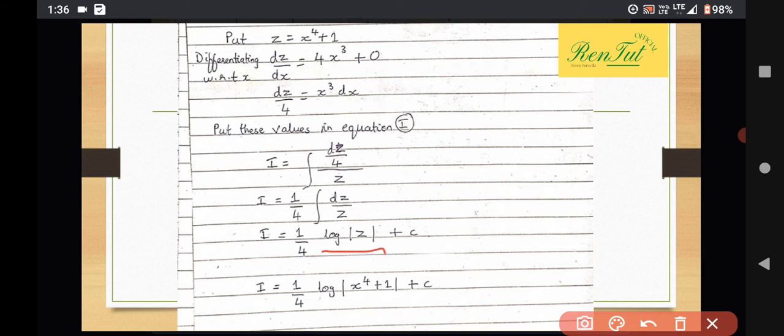Since it is an integration sign, we have to put the constant after integration. We can't put the value of z in the final answer, so we will resubstitute the value of z. We are already aware the value of z is x raised to 4 plus 1, so we put this in. Our final answer would be I is equal to 1 divided by 4 into log mod of (x raised to 4 plus 1), plus c. This is your final answer.